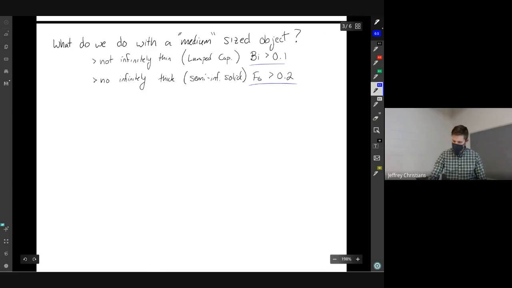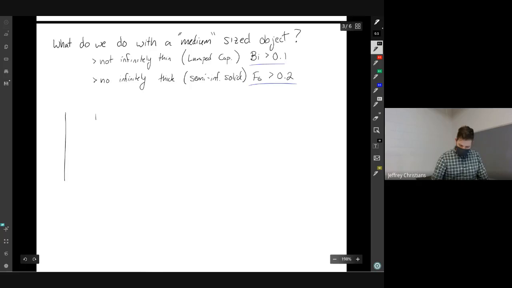So these are two groups of variables that we can use as a check for whether those assumptions are breaking down. If those assumptions are breaking down, then we have to go back to the heat diffusion equation. Because for the heat diffusion equation, we didn't have to make all of these assumptions. That's where all of these things grew from initially.